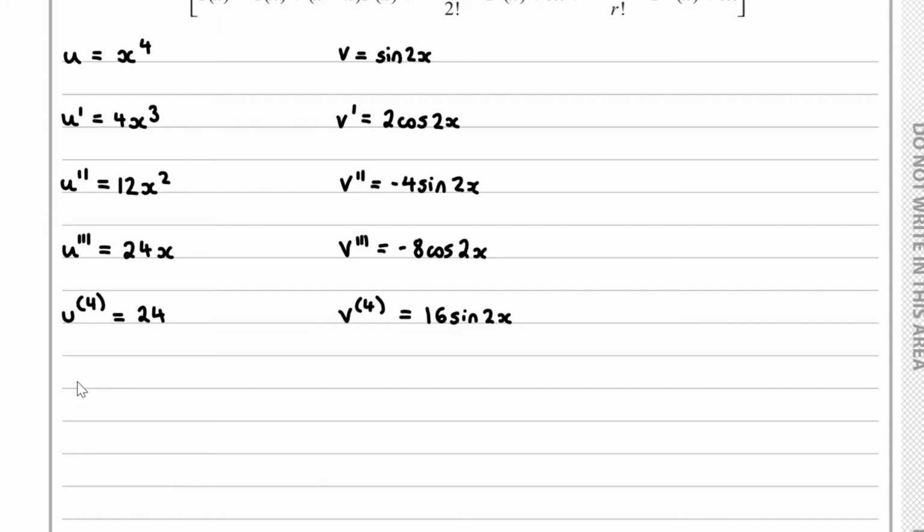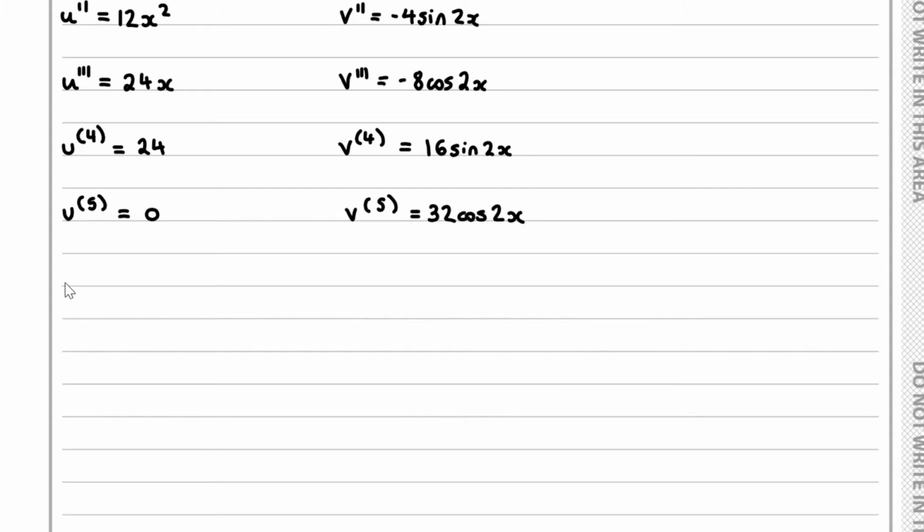And the fifth derivative of u is equal to 0, and the fifth derivative of v is 32 times the cosine of 2x.